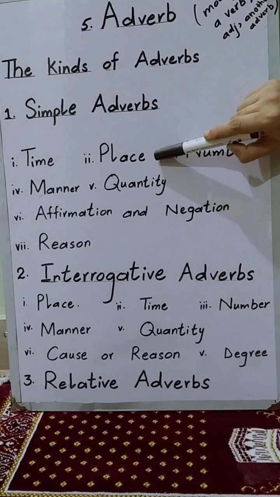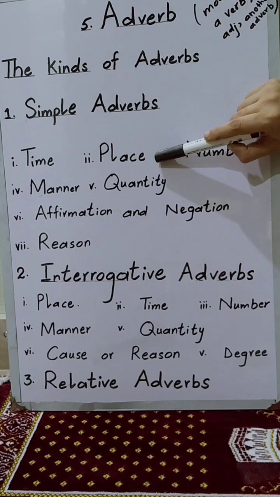Adverb of place. For example, I will stay here. In this example, here is an adverb of place. The main adverbs of this class are here, there, in, out, within, without, above, below, outside, far, near, etc.